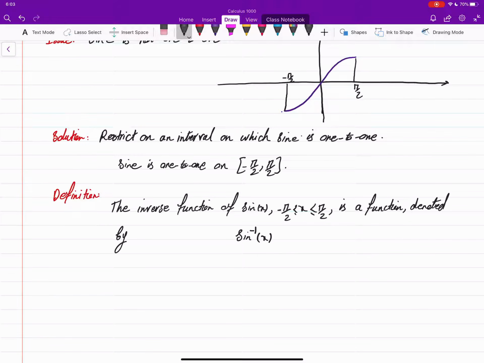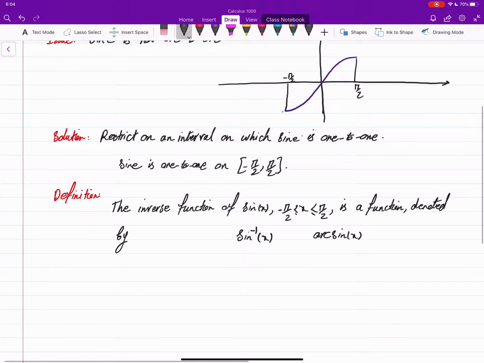Sine takes an angle and returns a ratio. The inverse function does the other way: sine inverse takes a ratio, a number, and gives us an angle. So that's why some people choose to use arc sine x as the inverse function.